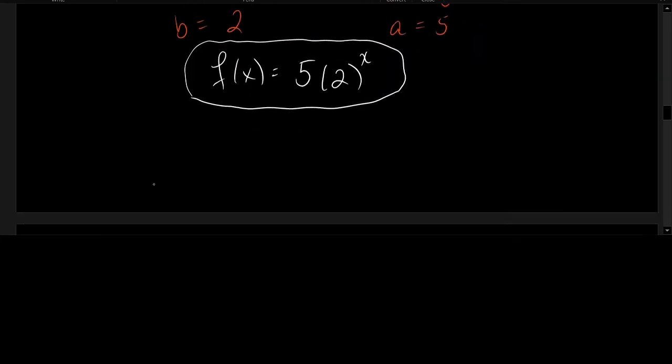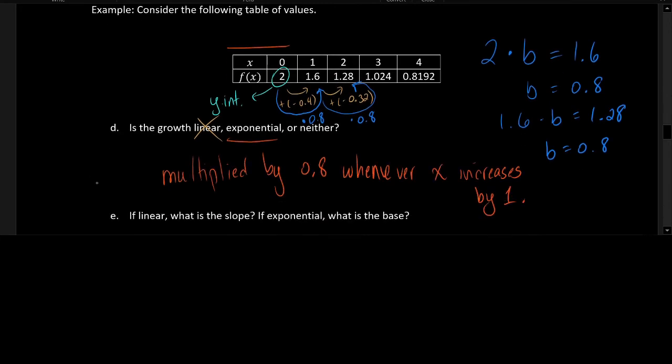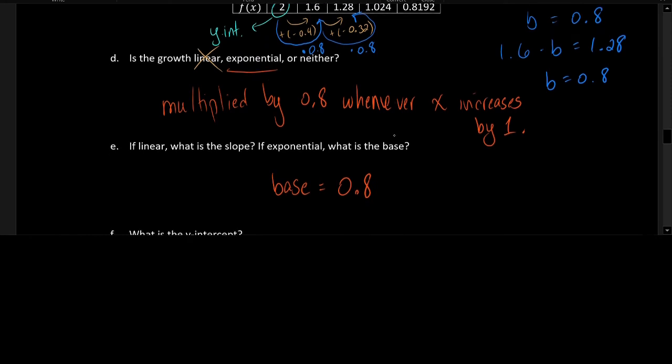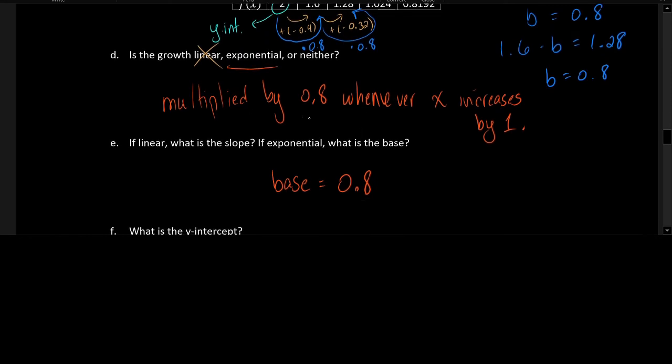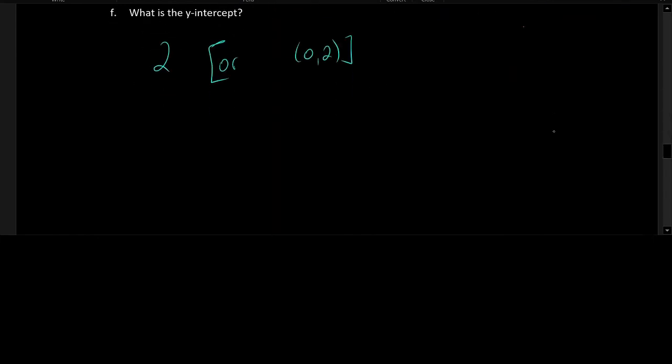All right, now let's consider the third example from yesterday. The third example, we concluded that the growth was exponential. Exponential with a base of 0.8 and a y-intercept of 2. So once again, I'm going to go ahead and set up the general formula for an exponential function.